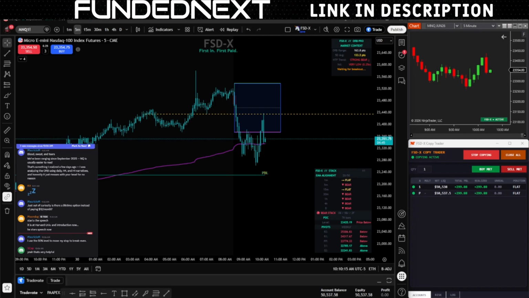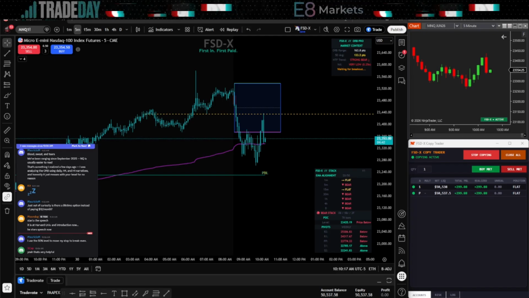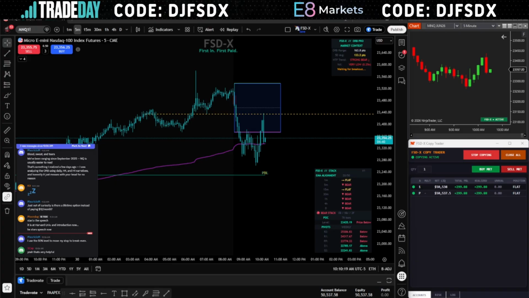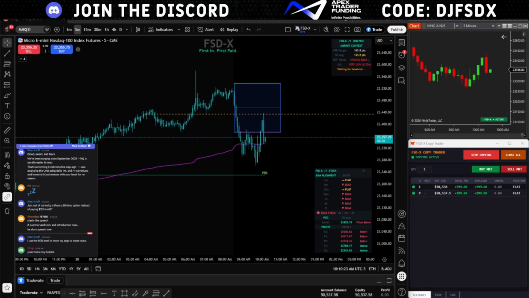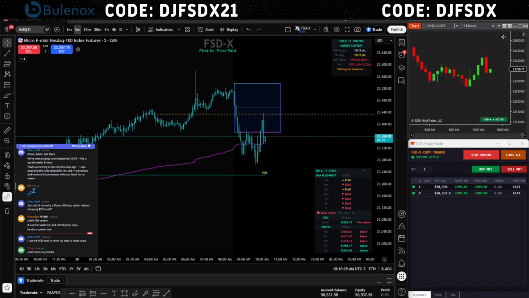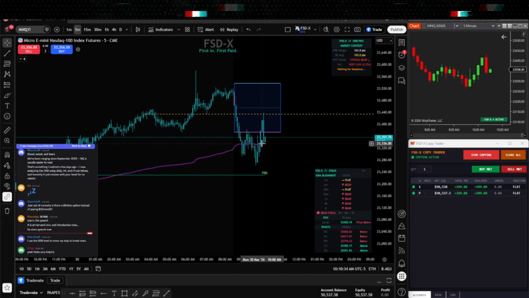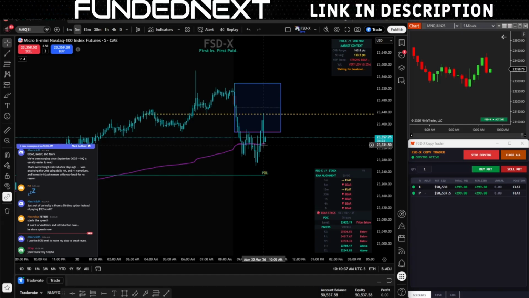It's not getting volatile, but it's getting a lot of volume. You don't want to get whipsawed. If this had closed underneath, it would have been a valid trade.